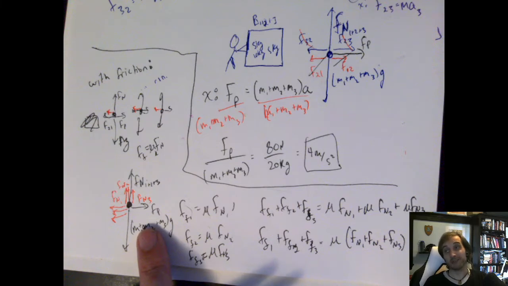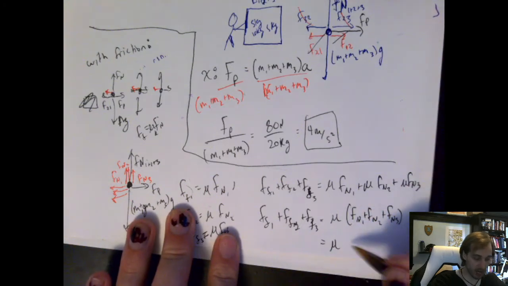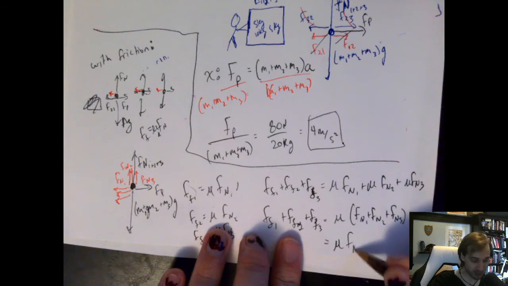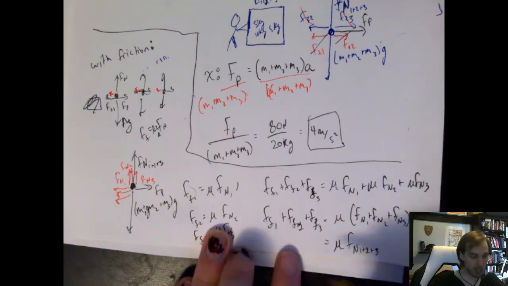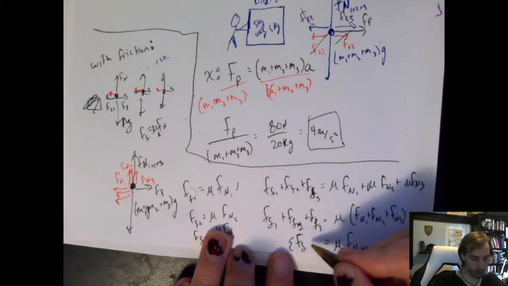And that's actually pretty much just the same as saying, I'm just going to ignore that there's three separate frictions and pretend that there's just the one friction that's from the normal force from all three of them. And that'll be the combined friction on all three.